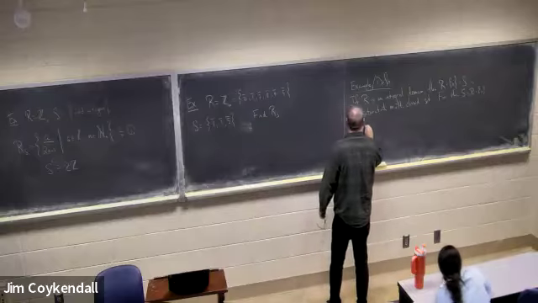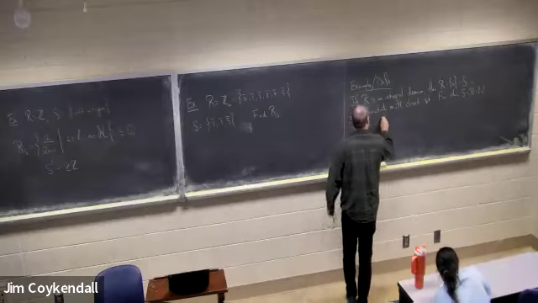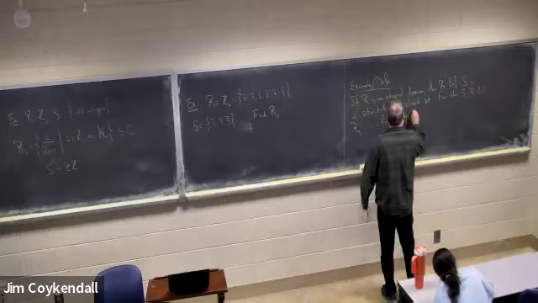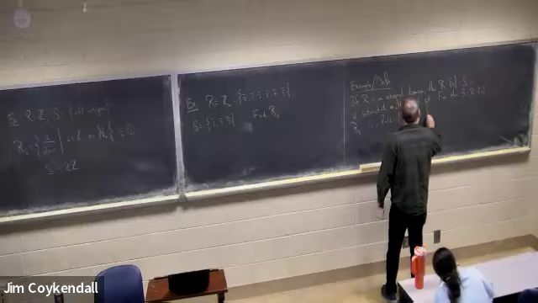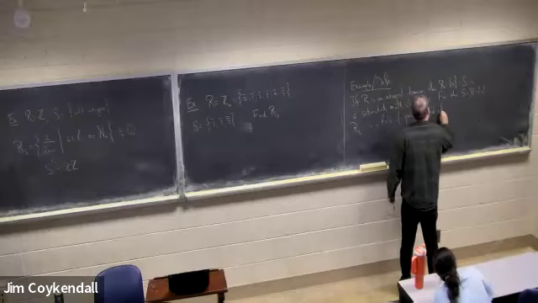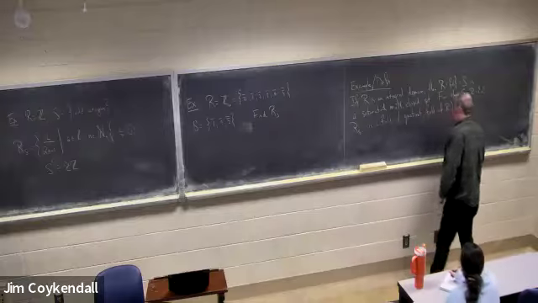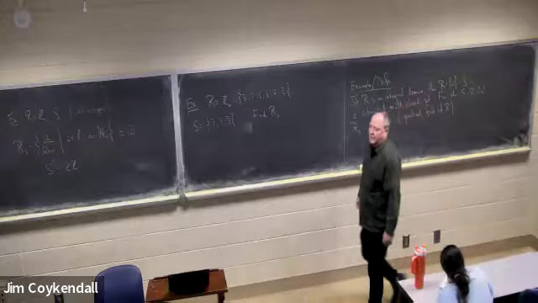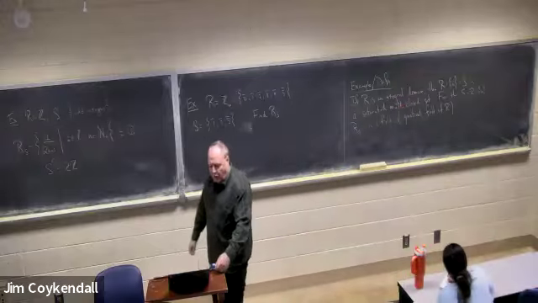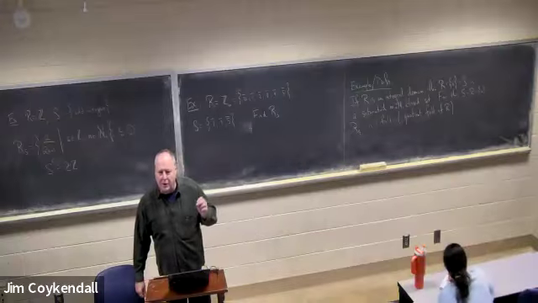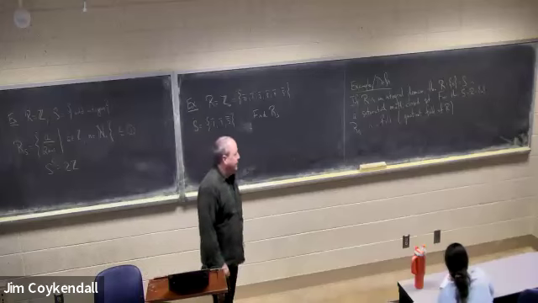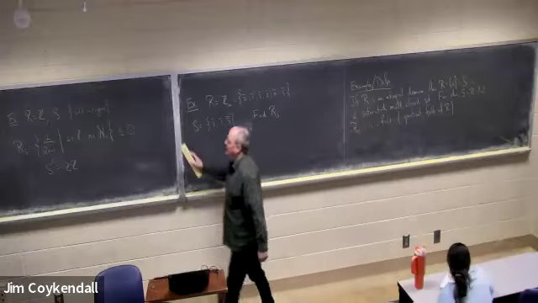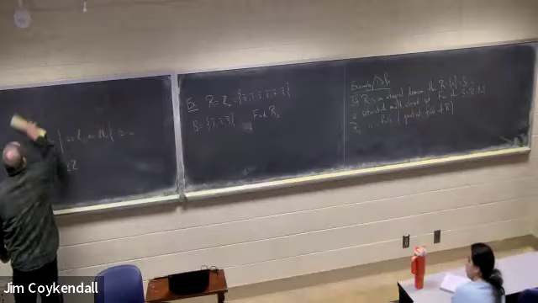R localized at S is called the quotient field. The quotient field of an integral domain is the smallest field that contains that domain. It's the set of all fractions. And let me show you why this is true.